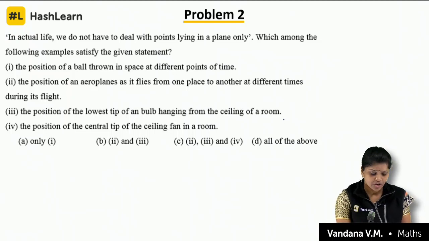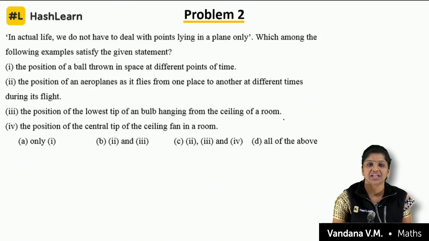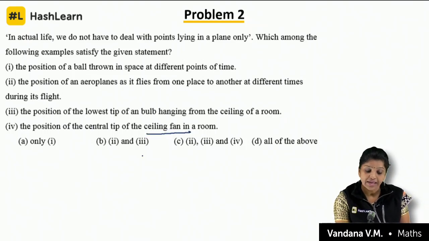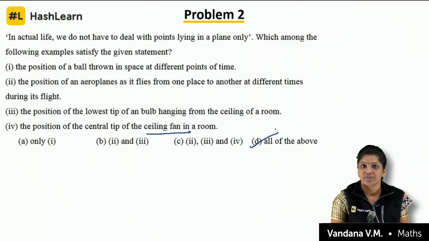Everything you observe in these statements is in space, isn't it? The position of the central tip of the ceiling fan. So I need three-dimensional geometry for all these. Is it true or false? Yes, to represent these things, we need three-dimensional geometry. Is it clear for you people? Yes, next.